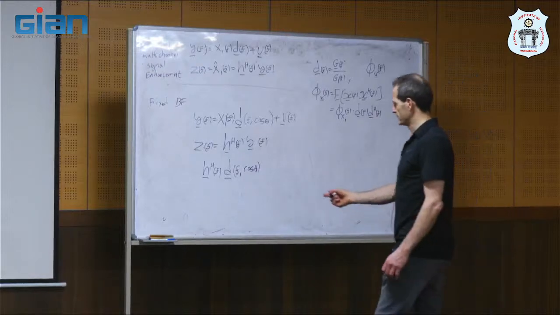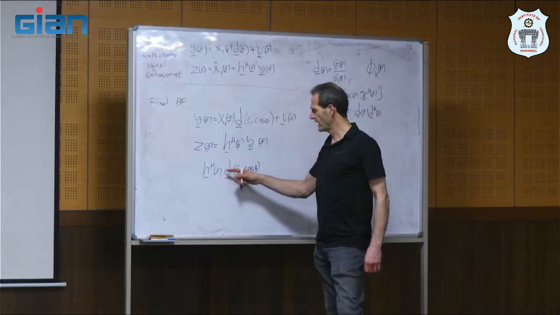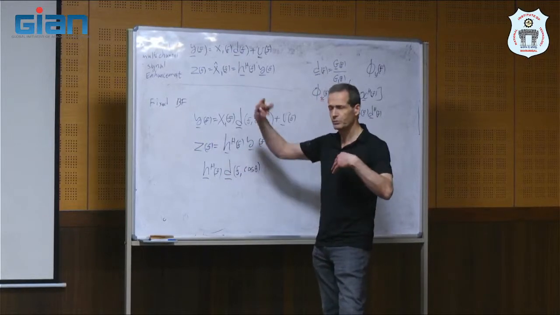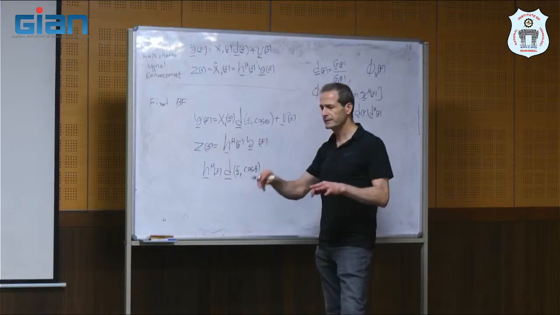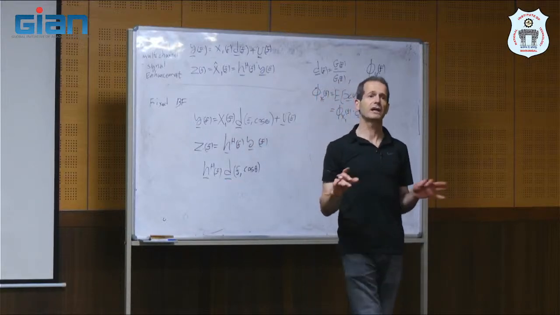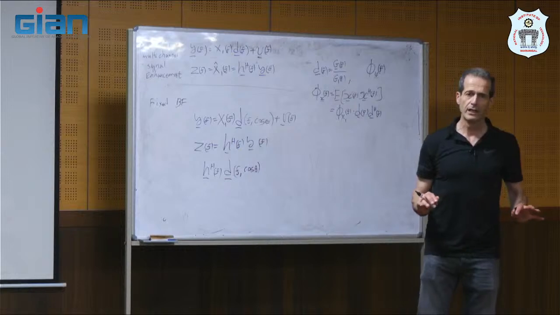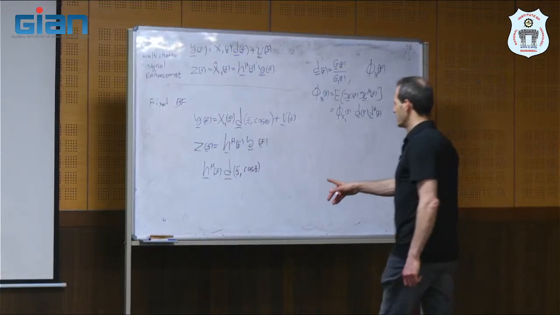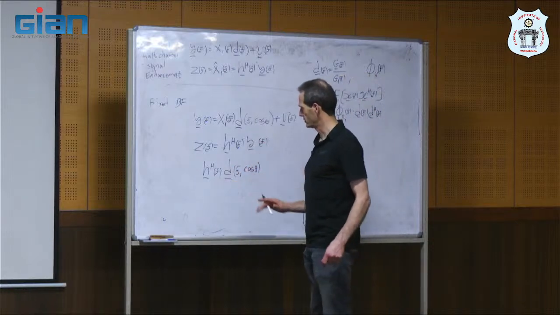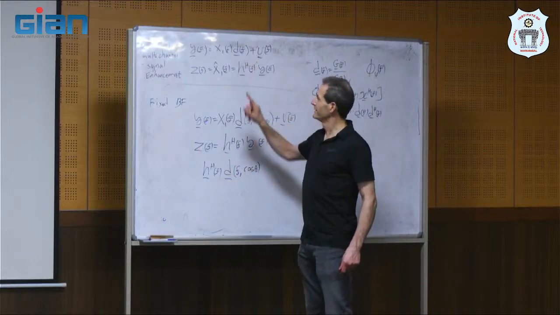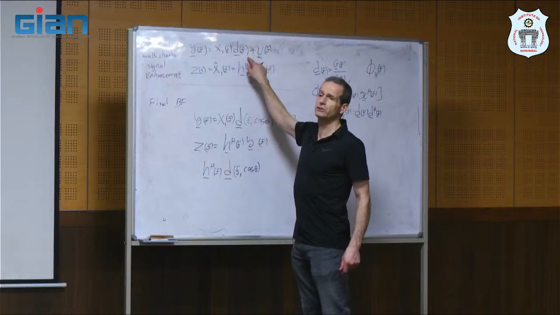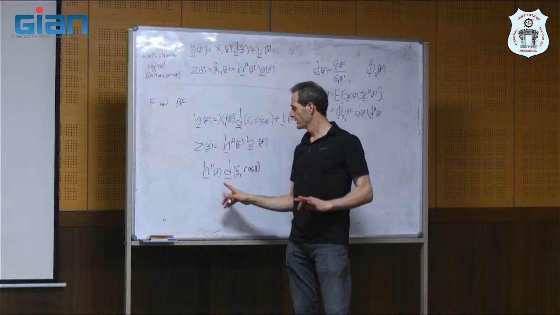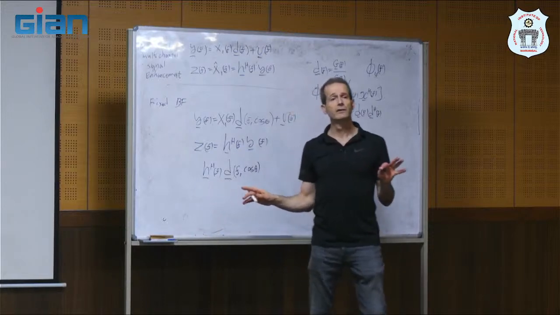I know how to find this steering vector. We talked about it in the overview, but I will show you. It's enough that I know the position and configuration of the array. Once I know the configuration of the array, I can find this steering vector. But it's different from this one, which contains a lot more information about the environment. Here I don't know the environment. I just assume that the desired source comes from a certain direction.